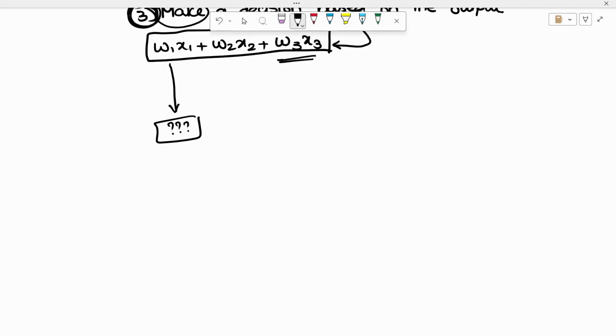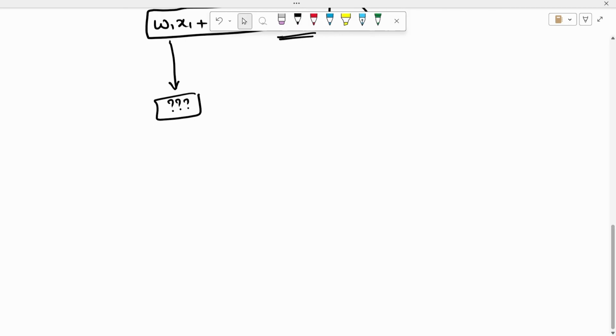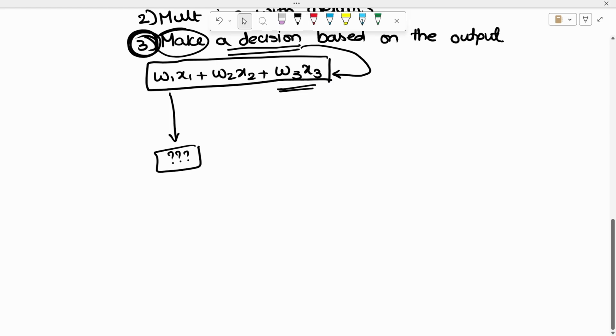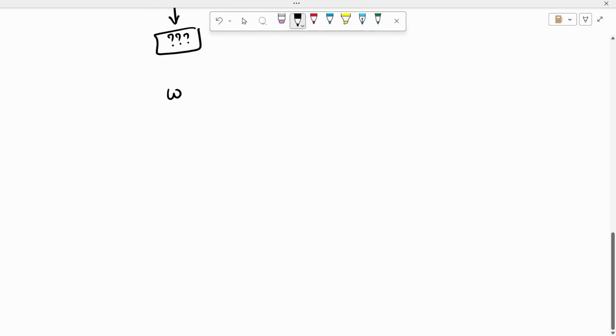Okay, so we'll take a small analogy so that you can easily get why we are doing this. This weighted sum, w1x1 + w2x2 + w3x3, think of it as gathering evidence.